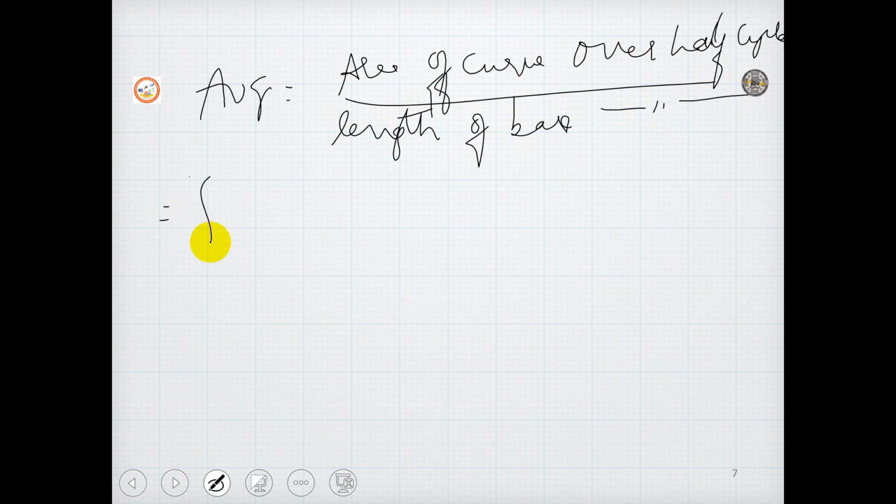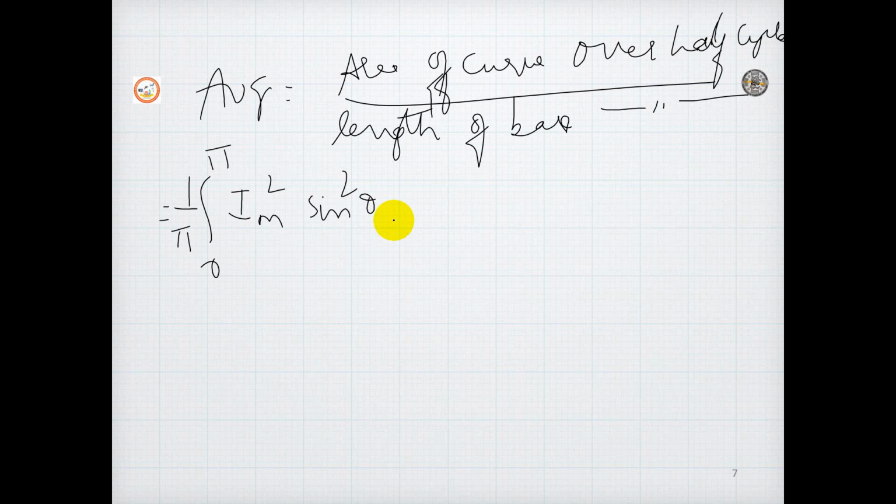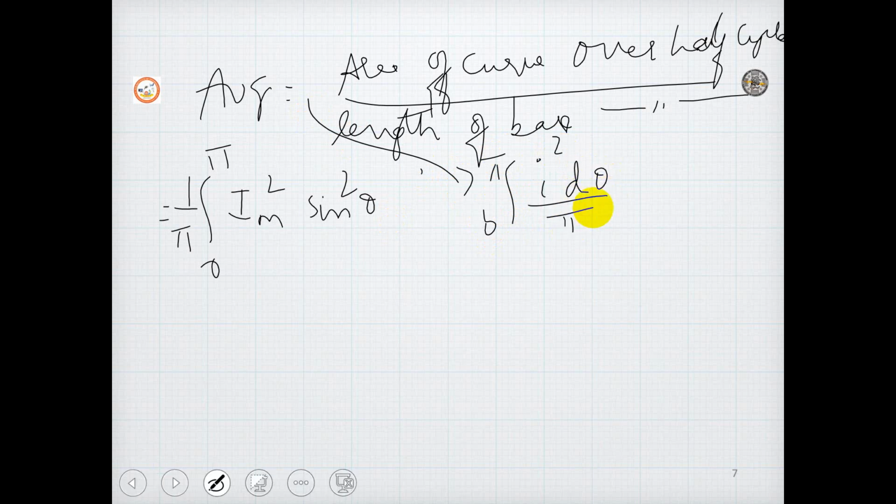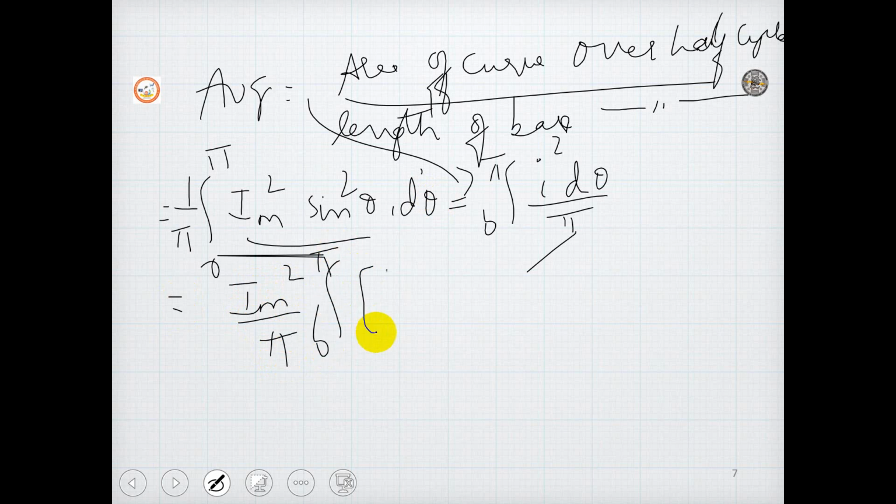On the same grounds, I need to take 1 by pi outside, 0 to pi. I need to integrate Im square sine square theta, because instead of I I need to have I square, that is Im square sine square theta. In other terms, this can be written as integral 0 to pi of I square d theta divided by pi. So Im square by pi, integral 0 to pi, of 1 minus cos 2 theta divided by 2, into d theta.